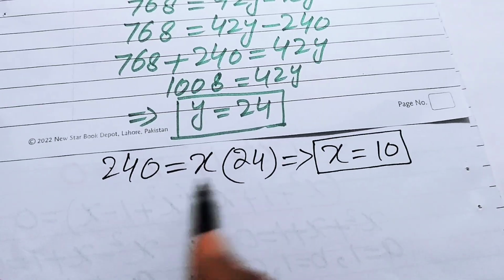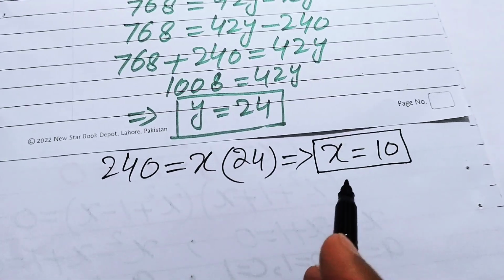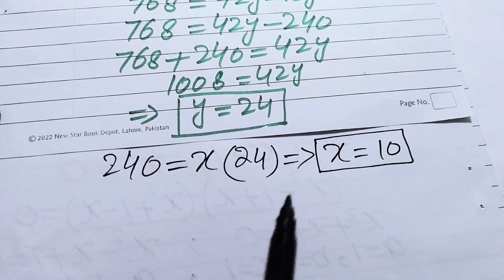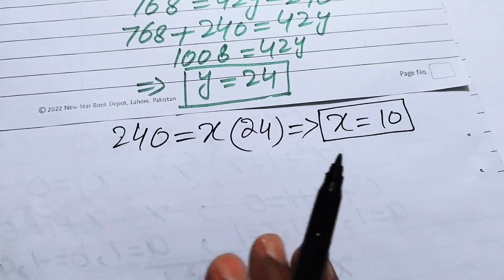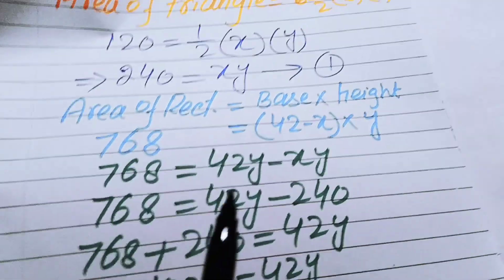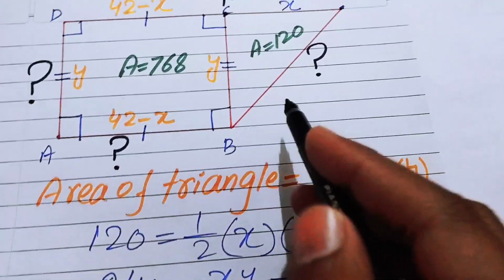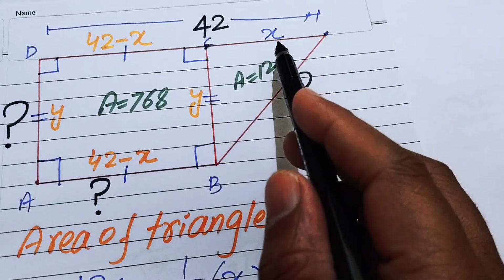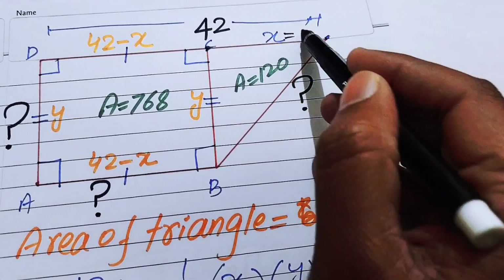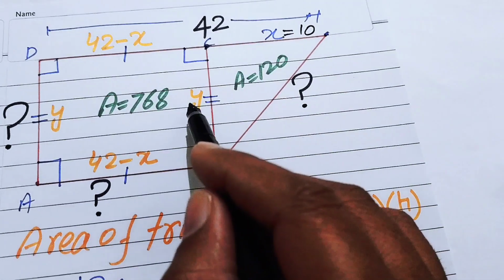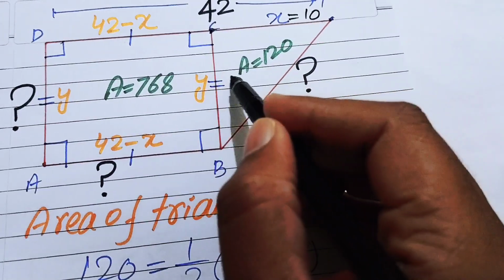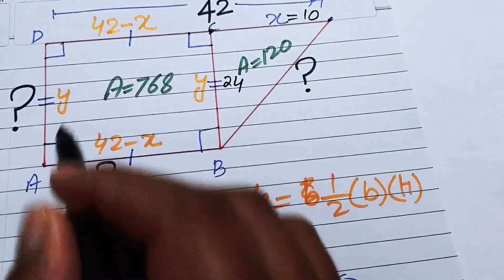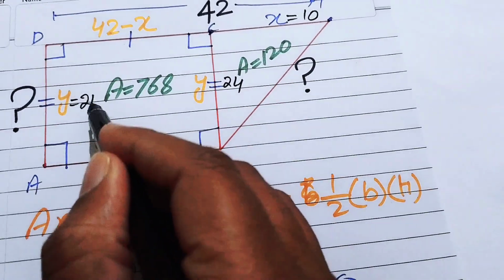When we divide by 24 we get x is 10. So we have found the values of x and y, and we substitute these values here. This is the value of x, which is 10, and the value of y, which is 24. This value is also 24.